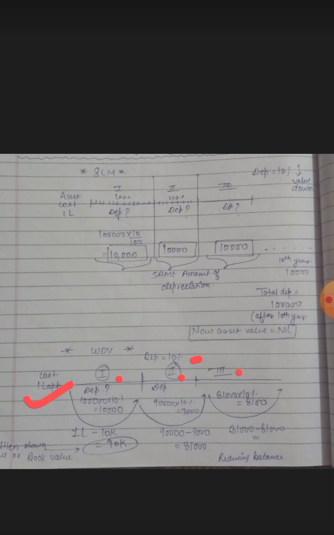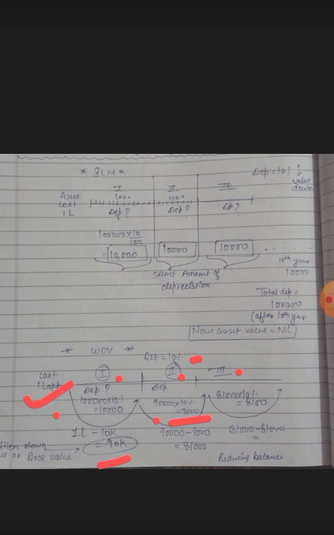That means it is calculated on the balance. Suppose the first year is 1 lakh value, then we calculate 10%, that is 10,000. The book value is 1 lakh minus 10,000, that is 90k. This is the book value. On the book value, we calculate the depreciation for the second year: 90,000 into 10%, that is 9,000.